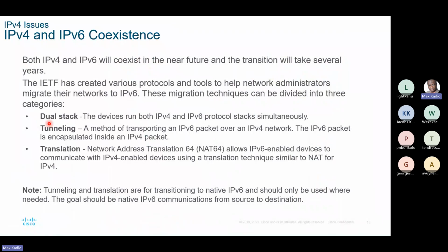Dual stack: you configure your devices or your router for both to work together. Or tunneling, where IPv6 goes via the IPv4 network. Or translation. But the one we use most is the first: you keep both in the same network, you do a small config in the router, and done.